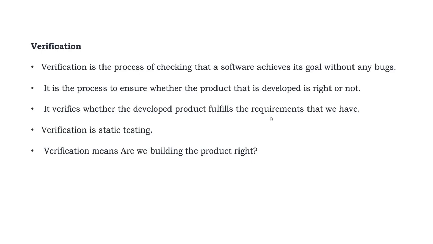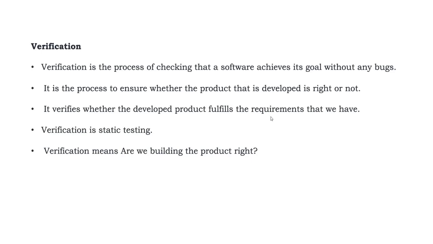Correct? For example, a developer has written a piece of code, so he has to get it reviewed. Once it is reviewed, that is kind of a peer review, or you can also have a walkthrough. You can have a walkthrough or a review or a peer review to meet this verification. So verification is not only about that.